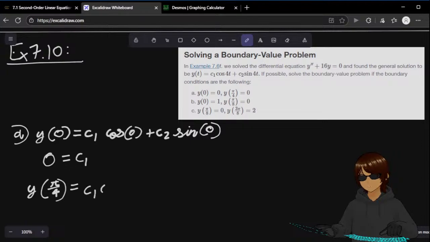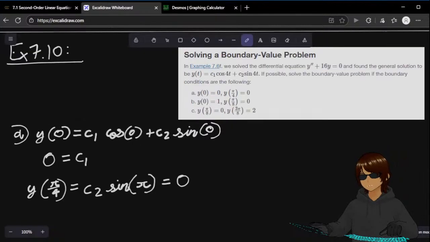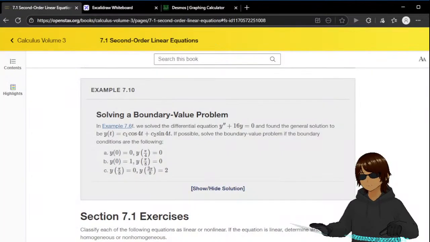Then pi over 4. If C1 is 0, then I don't need to write this, right? I just need to write C2 sine pi. Sine pi is what? No, wait. C2 also has to be 0, so y(t) is 0.